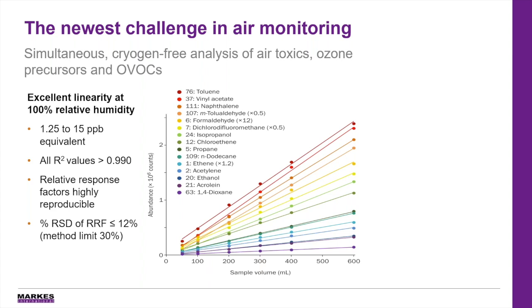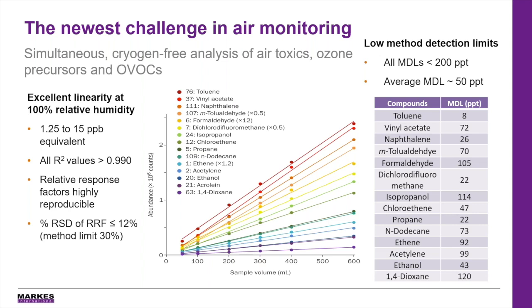So we've taken from 50 to 600 ml from the same canister. And that's equivalent to about 1.25 all the way up to 15 ppb. All the R squared values here are at least 0.99, and we've got relative response factors which are highly reproducible as well.